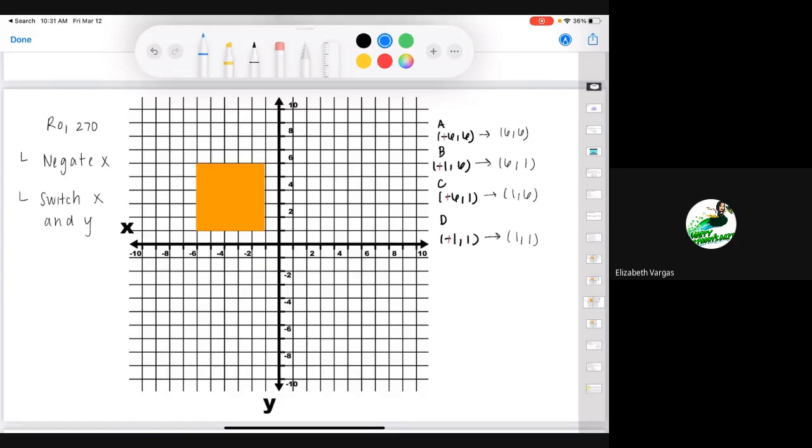And then I can go ahead and see where this maps to. And by doing so, I can see where my new square maps to.